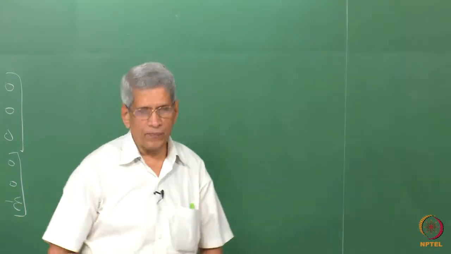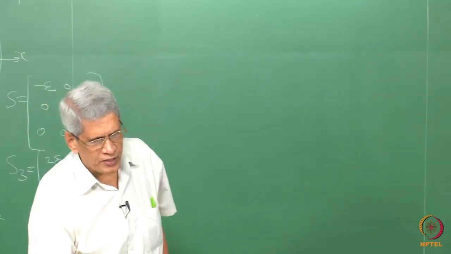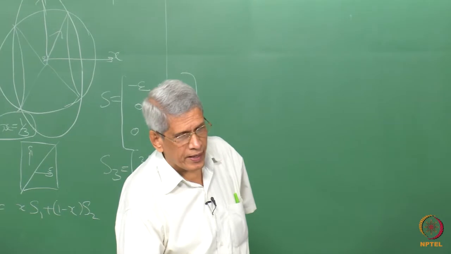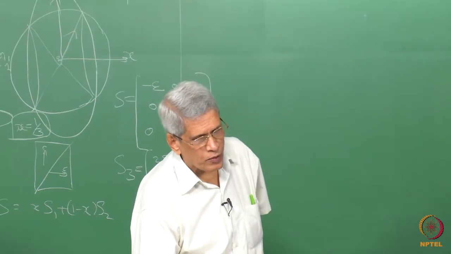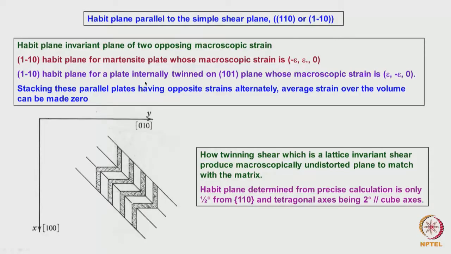If we do that, in the case which is considered here, with 1 1 bar 0 as the habit plane, this I will give as an assignment which you can work out. Then it turns out that the macroscopic strain is epsilon minus epsilon 0.